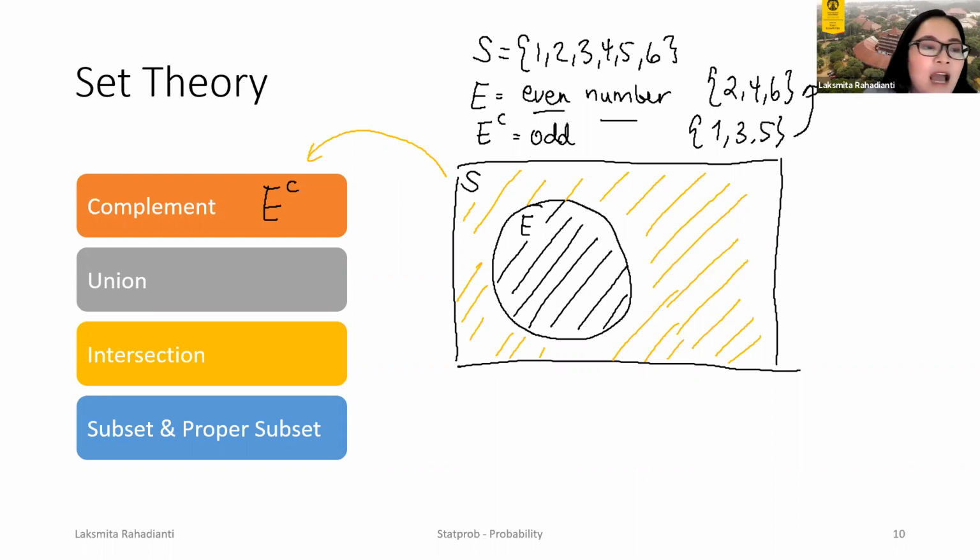Next, say I have another event that I want to consider, a second event, which is, let's say, prime numbers, for example.